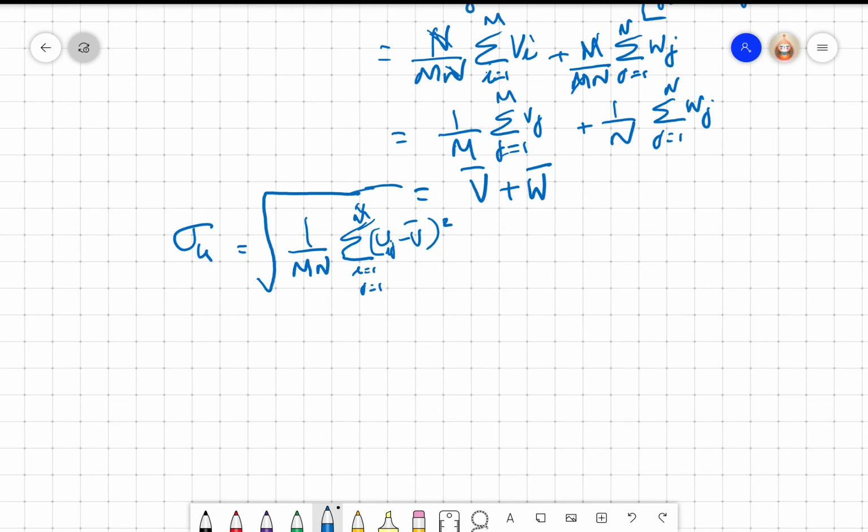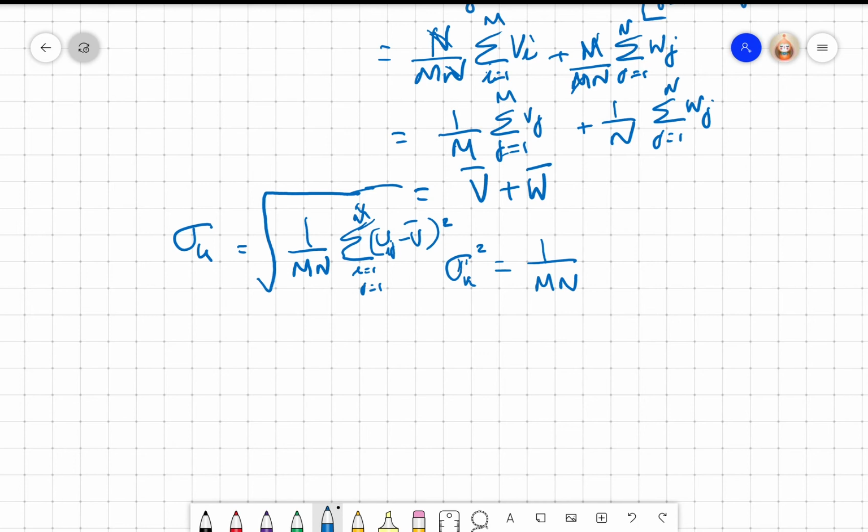So now I can put this as, let me take the square on this side, sigma square, right? I can put sigma u square. I can get rid of the square root so that I don't have to write square root every time.